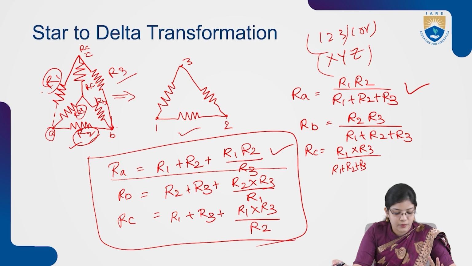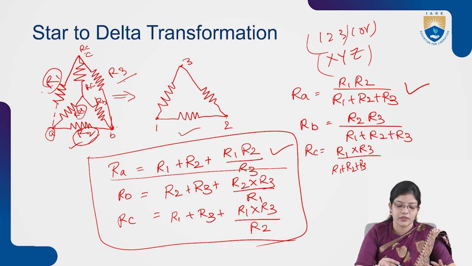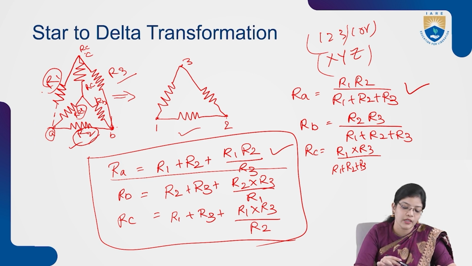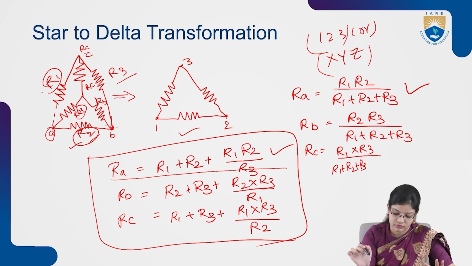So for the next terminal, if we consider RB, R2 and R3 are connected to this node. So we have to add these resistances first, R2 plus R3, and then multiply these two resistances, R2 into R3, and divide with the opposite resistance which is R1.